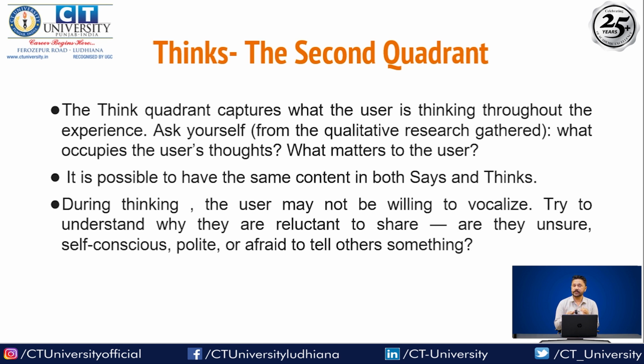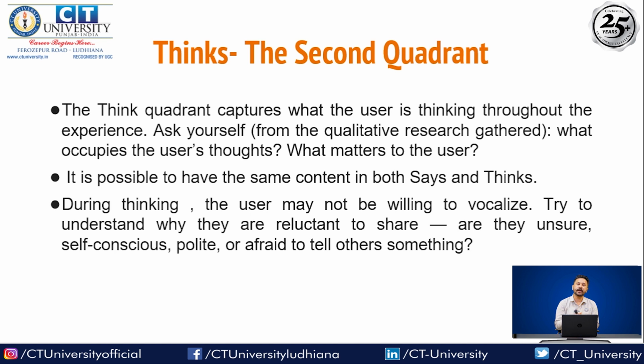There may be a chance that similar statements come in the first quadrant as well as in this second quadrant, but during thinking the user may or may not be willing to vocalize the statements.